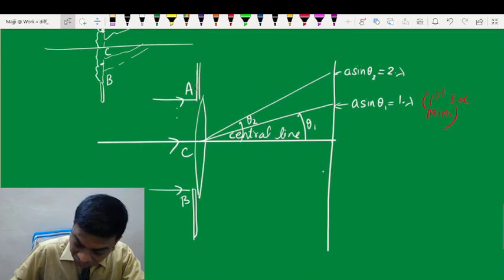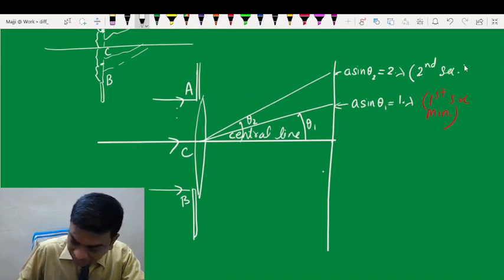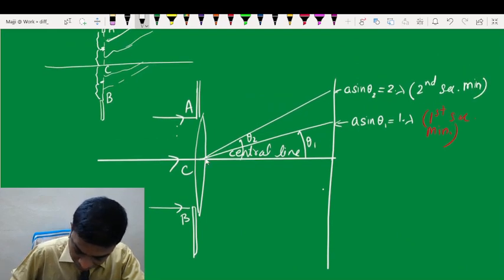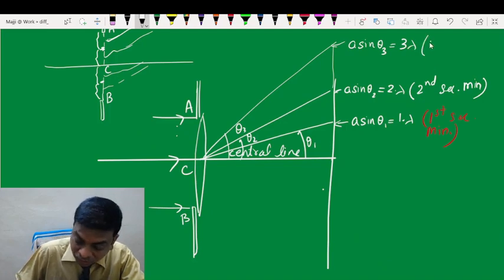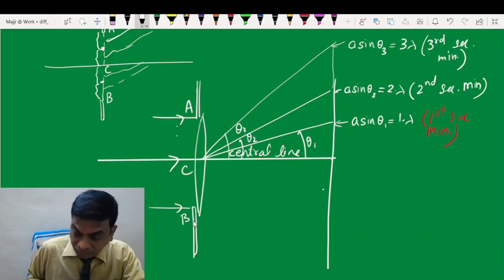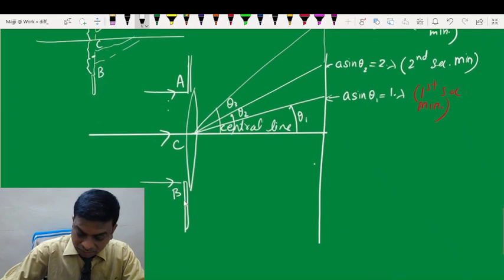Then this will correspond to the second secondary minimum. Similarly, if you have another angle, let us say theta 3, so that a sine theta 3 is equal to 3 lambda, then you have the position corresponding to the third secondary minimum, and so on, students. I hope that is clear.